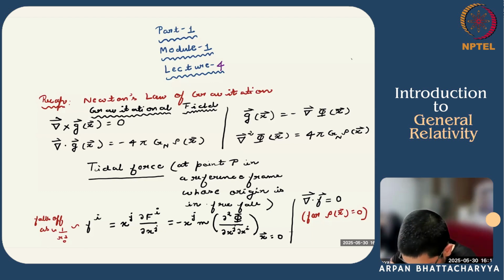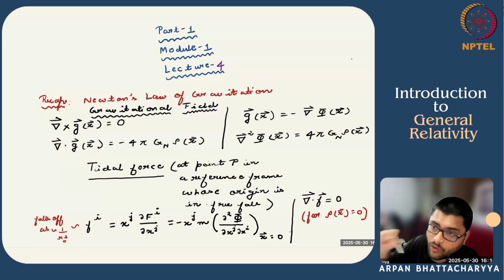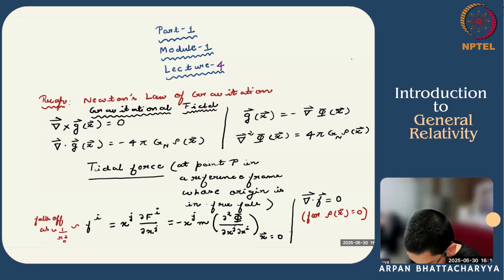Another thing that we discussed is the tidal force. We consider a point P in a reference frame whose origin is in free fall. Then with respect to that origin, if the position vector of the point P is x, we can write down the expression for the tidal force, which is shown here.